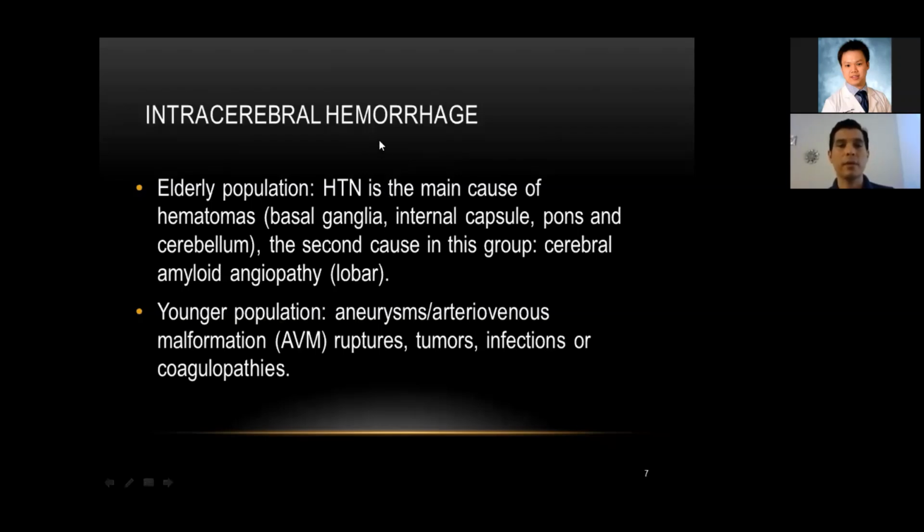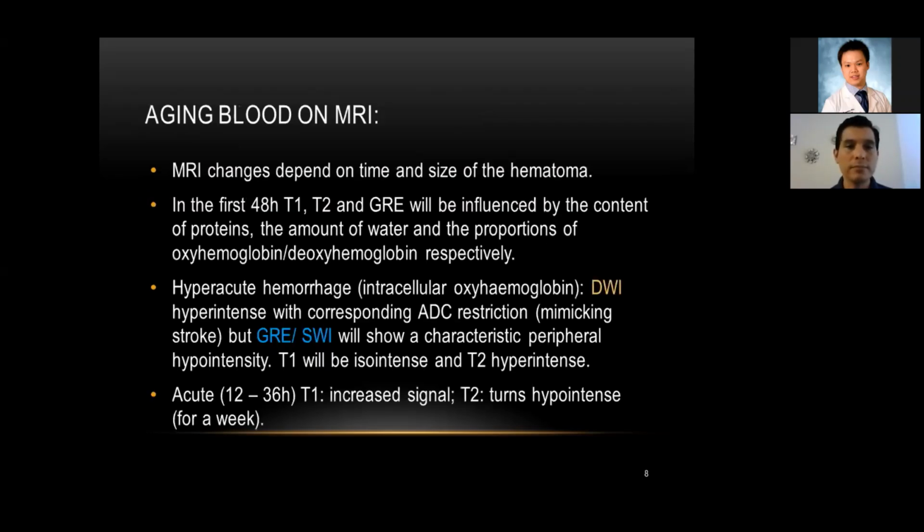So you have to use the MRI to maybe narrow the diagnosis in case of arteriovenous malformation, or tumors, or in case of transformation of infarct, hemorrhagic transformation. That is why aging blood is a concept that is important.